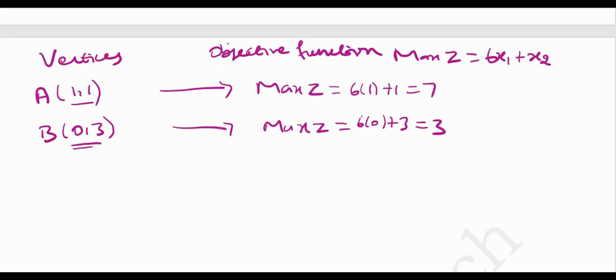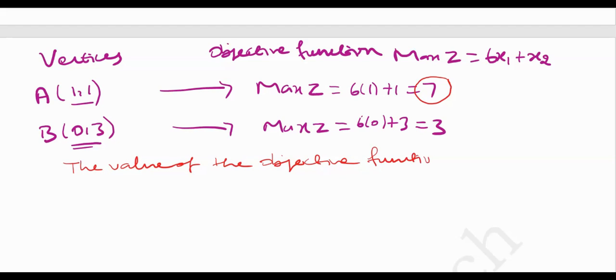Suppose the region is bounded, then this 7 will be the optimum solution for this problem. But we have an unbounded region, so the value of the objective function is more than 7.